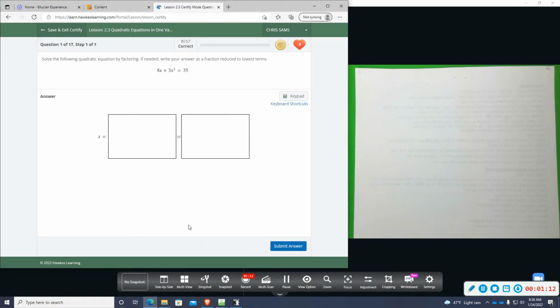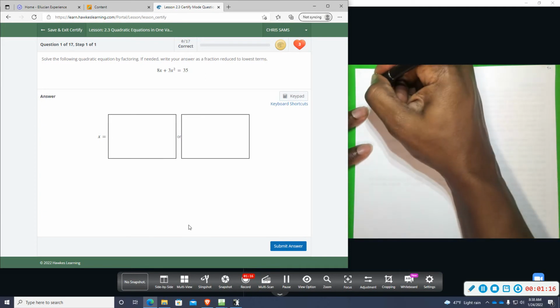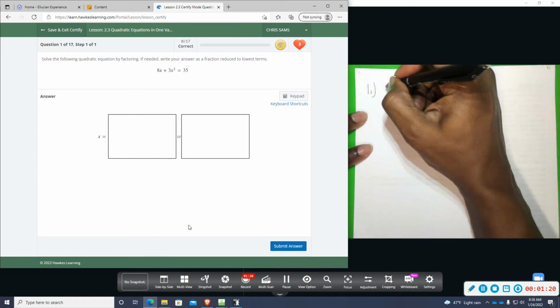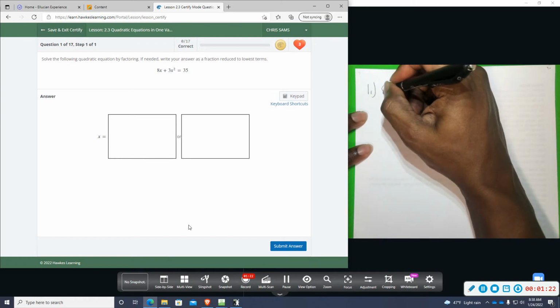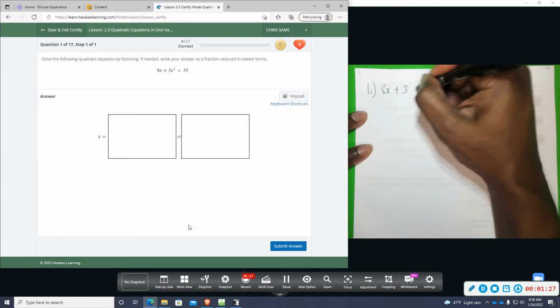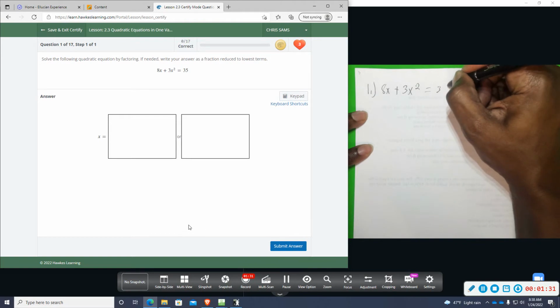Okay, so with number one, this problem is out of order, so I'm going to rewrite it and put it in standard form, is what we call it. So this is 8x plus 3x squared equals 35.